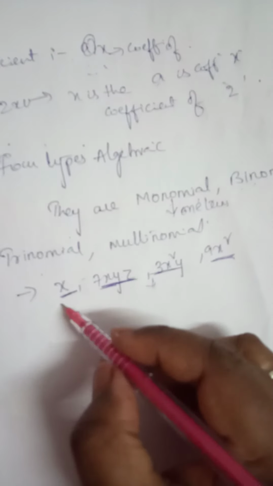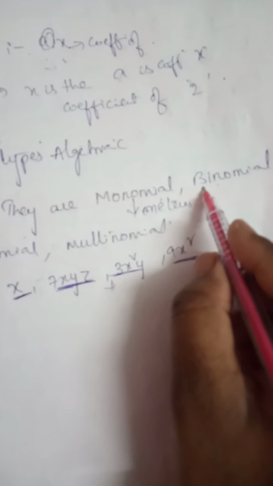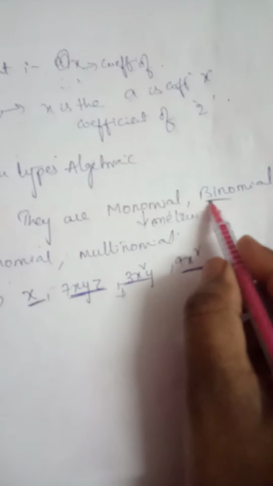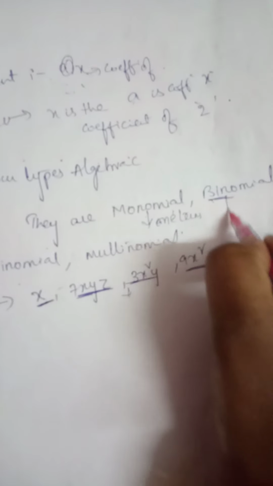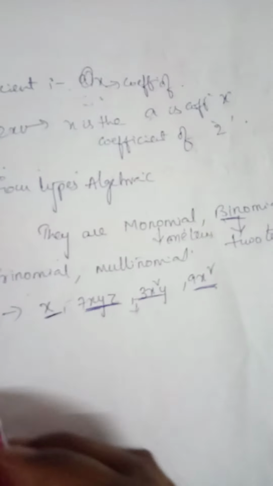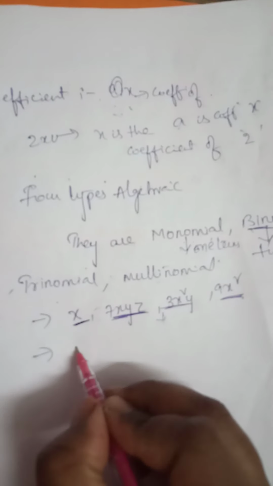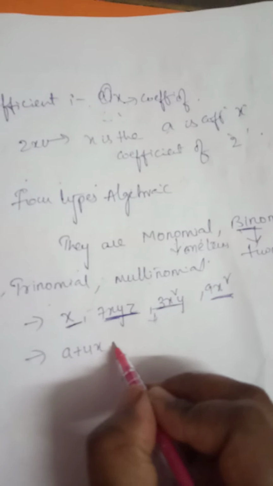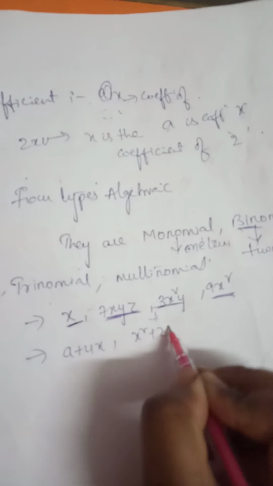Now coming to binomial, bi, di. So bi represents two terms. There are some examples of binomial terms, for example, a plus 4x, x square plus 2y.